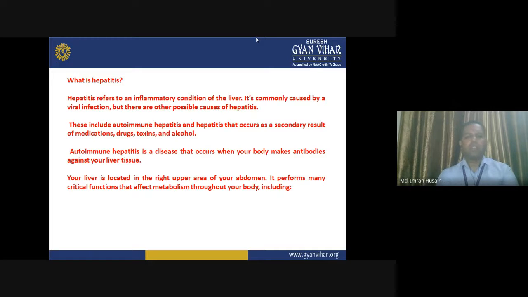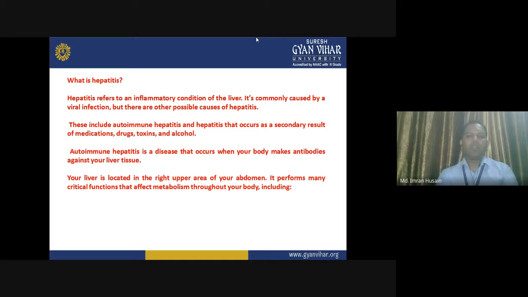Although it can be of viral origin, it can also be of chemical or other origin. Any condition that causes inflammation in the liver is called hepatitis.